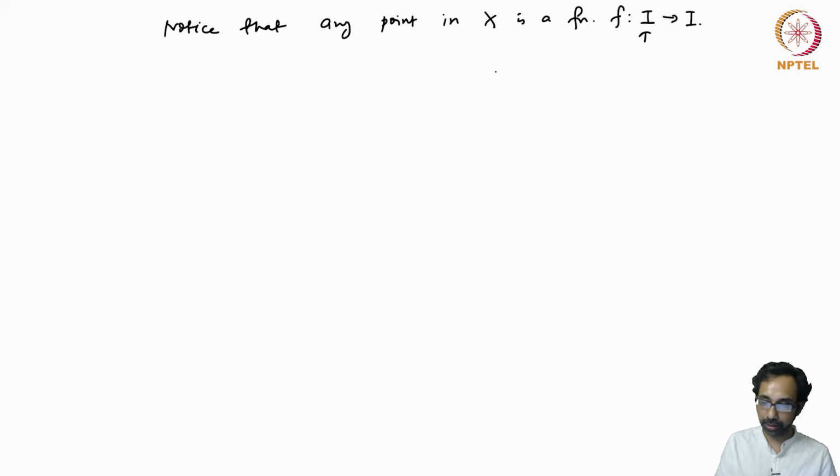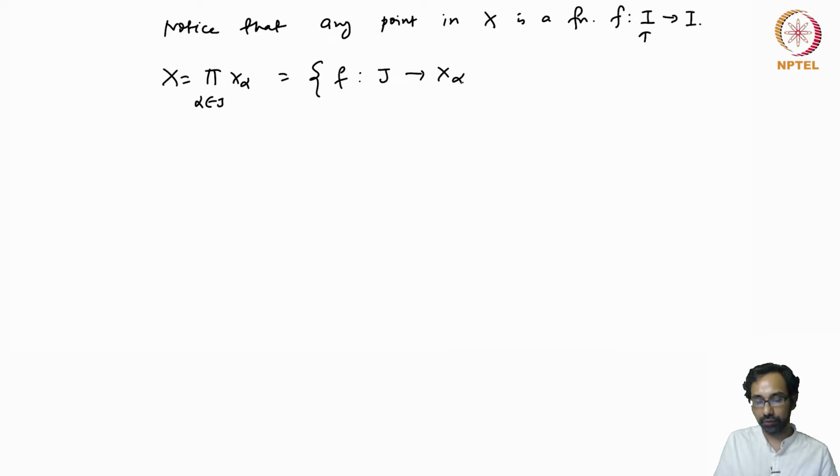Remember that the Cartesian product is exactly the set of functions from the index set to the union of all these X alphas, such that f of alpha belongs to X alpha for each alpha in J.